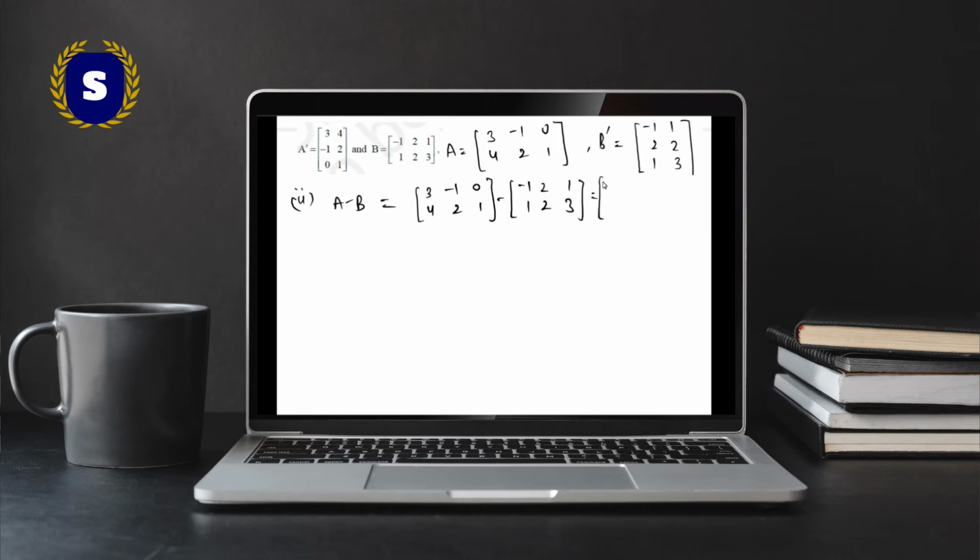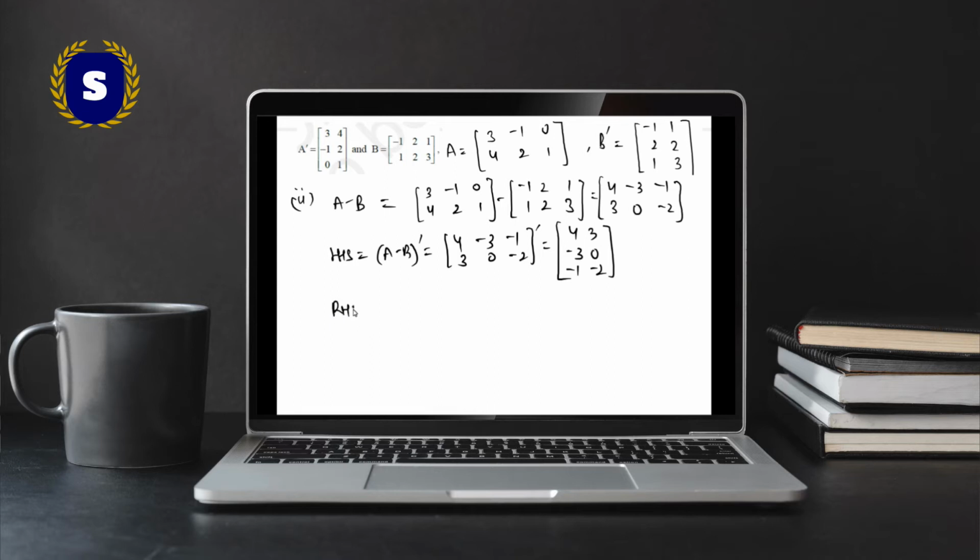This is equal to 4, 3, -3, 0, -1, -2. Right? Okay. LHS is equal to the transpose of this calculated matrix, which comes out to be 4, 3, -3, 0, -1, -2.